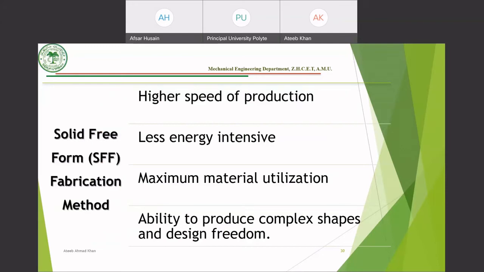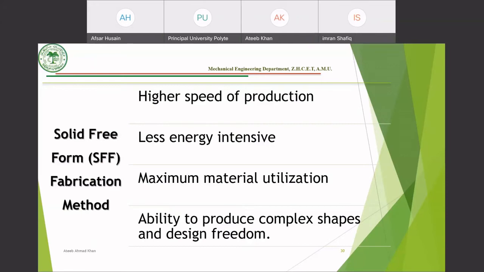This method can only be used to produce FGM at large volumes. Only then will it be less energy intensive, and it can produce structures at a very high rate. Also, the material utilization in this process is maximum. No amount of material is wasted. As you can see, there might be some wastage in the physical vapor deposition technique, but in this technique there isn't any wastage.